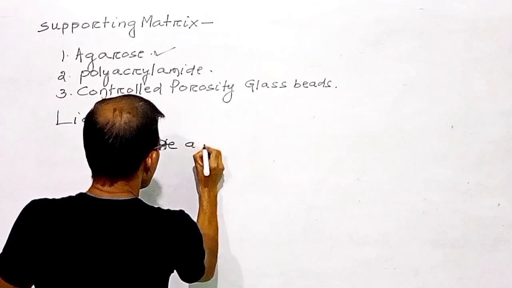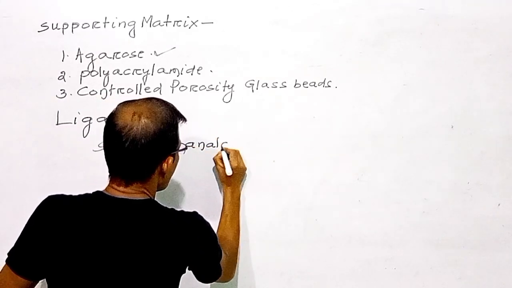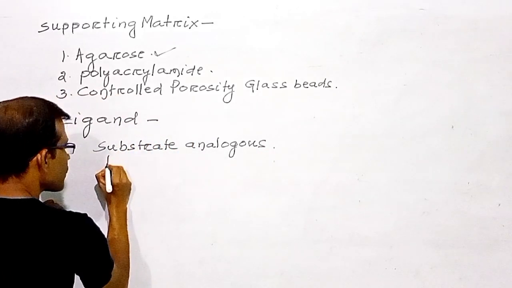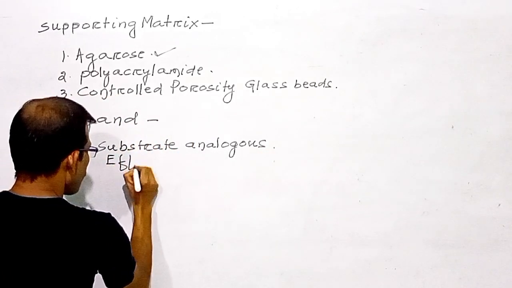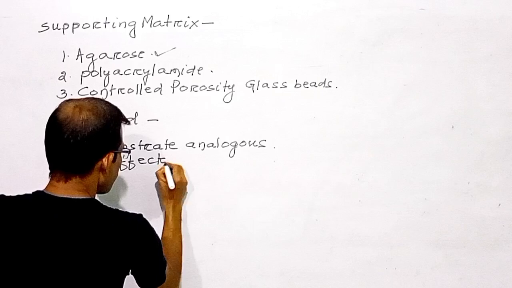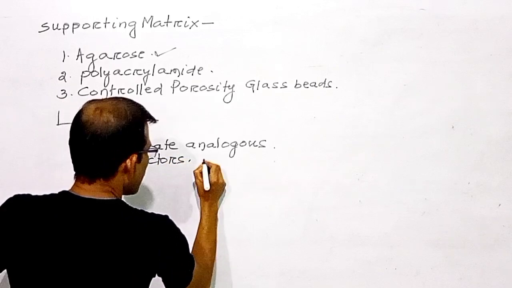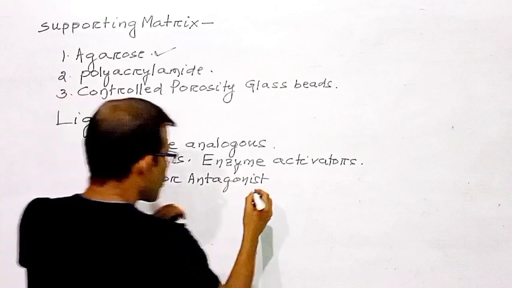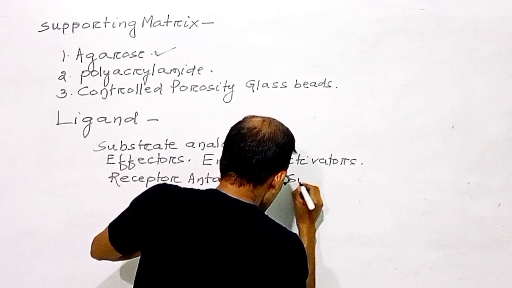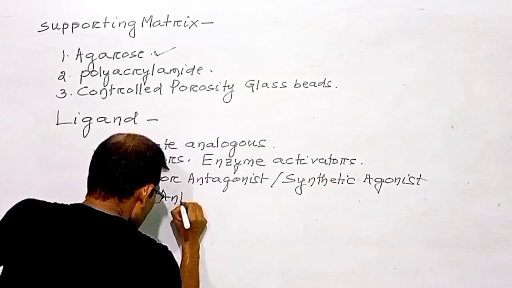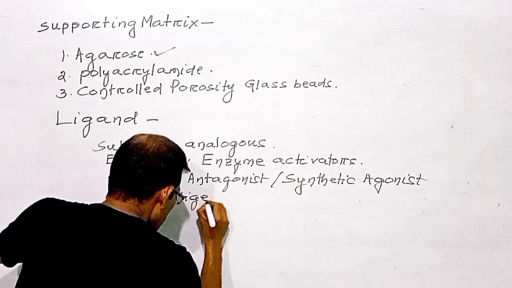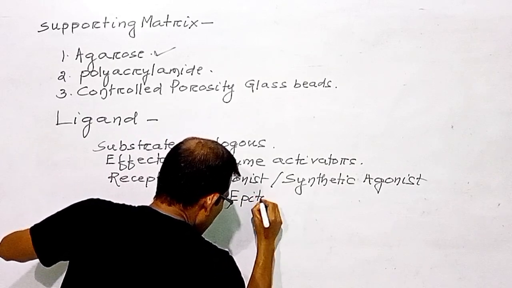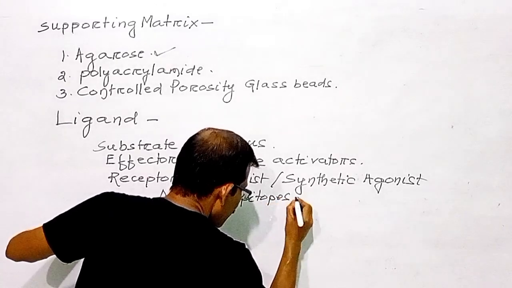Substrate analogues, effectors, enzyme activators, receptor antagonist or synthetic agonist, and antigen epitopes are the usual candidates.